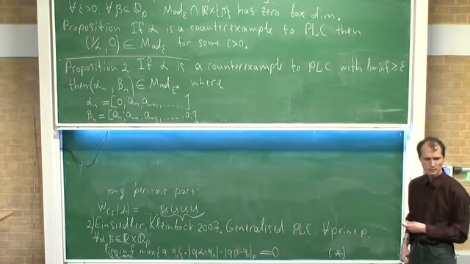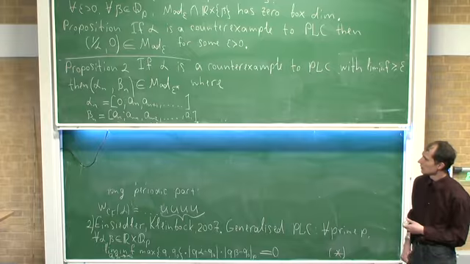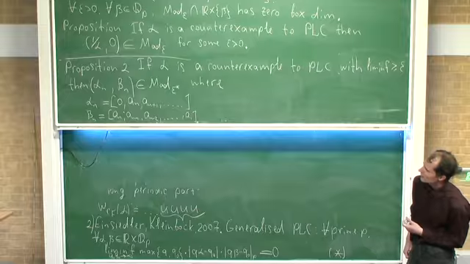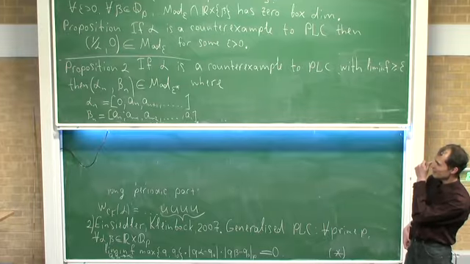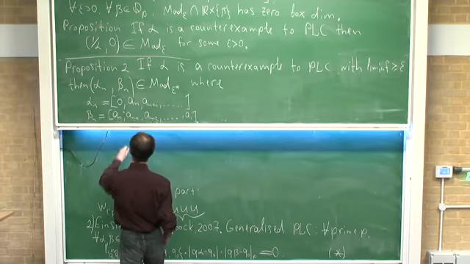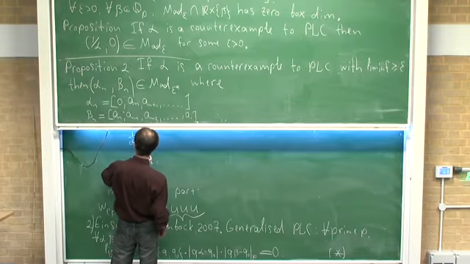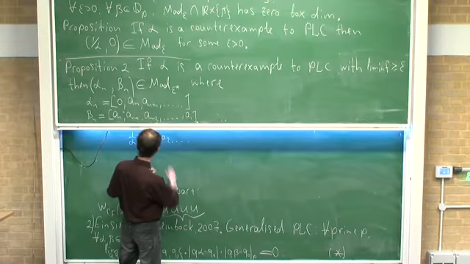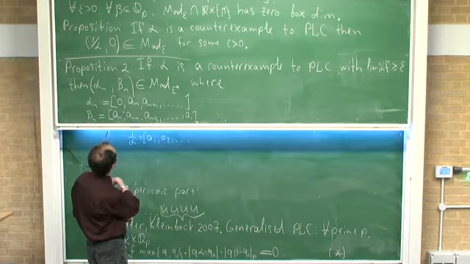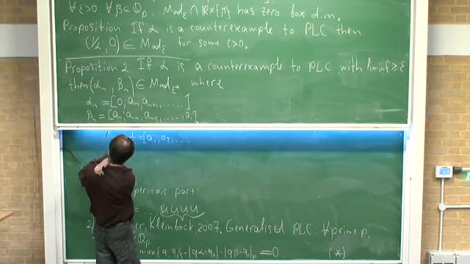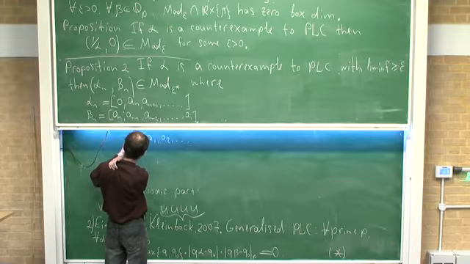Wait, that's a question. 1 over alpha 0, is it in this sequence? I just can't construct it, because 1 over alpha is this one, right? So if you remove a1, you should be careful about this.